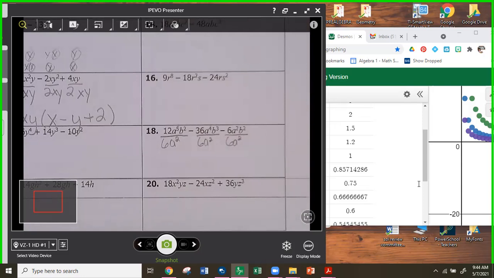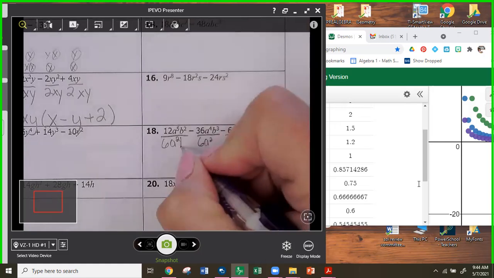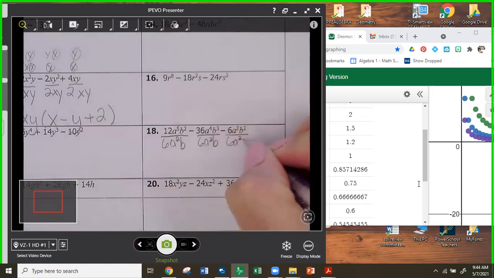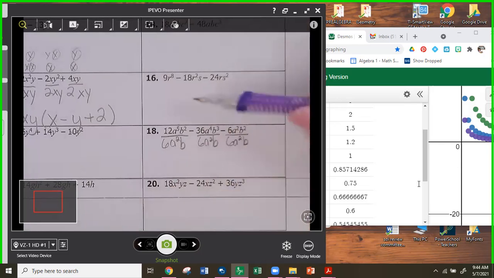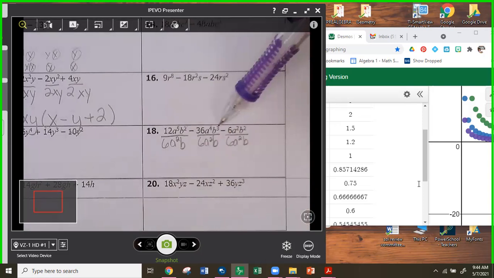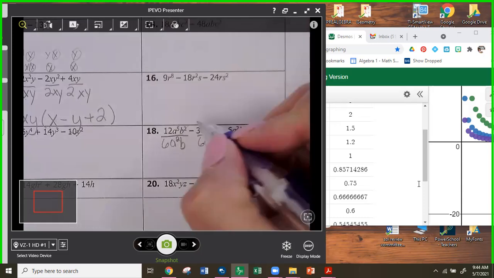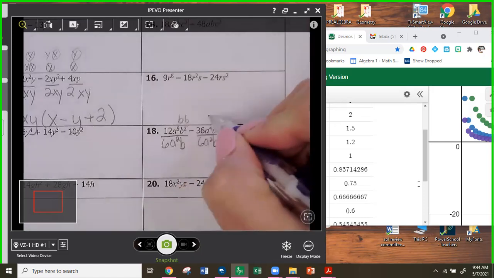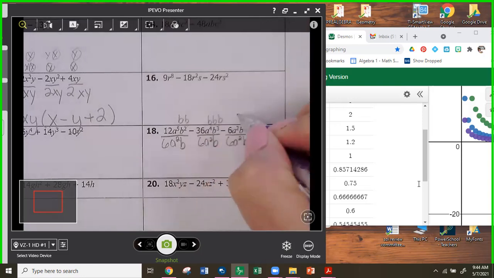What's the most B's I can take out? So let's check out our exponents. How many is that? 2. Okay, what's the most I can take away? So this guy has 2, this guy has 3, and this guy has 2.